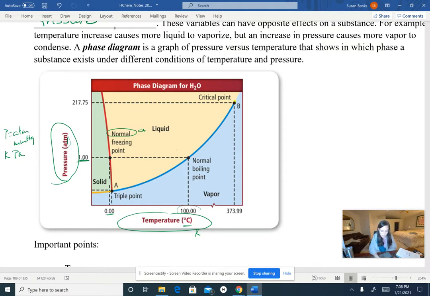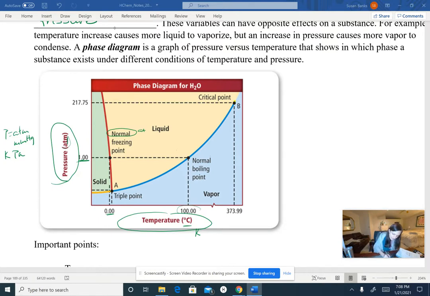If we go from the vapor to the liquid side, we are condensing. So that's the vaporization/condensing line. If we go on this red line from A all the way up, this is our melting/freezing line. So if I go from the solid to the liquid, I'm melting. If I go the other way along this red line, from the liquid to the solid, I am freezing.